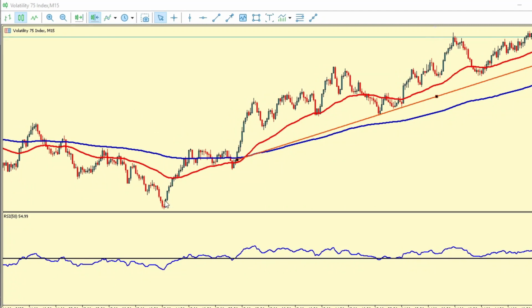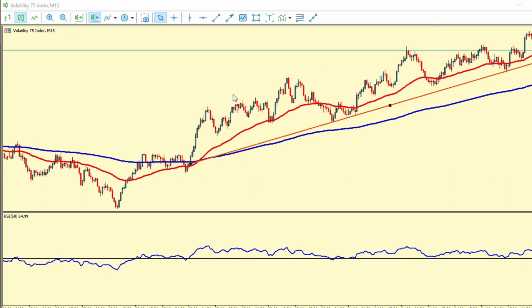Because price came from down, it came here, it resisted, but then for this move to happen, it became support. You get? It became support for this move, then it went up. So we are going to be noting these regions here, we are going to be marking them, because they will help us to take entries.